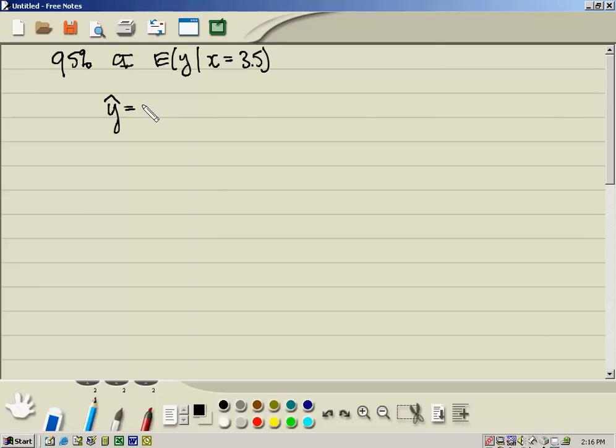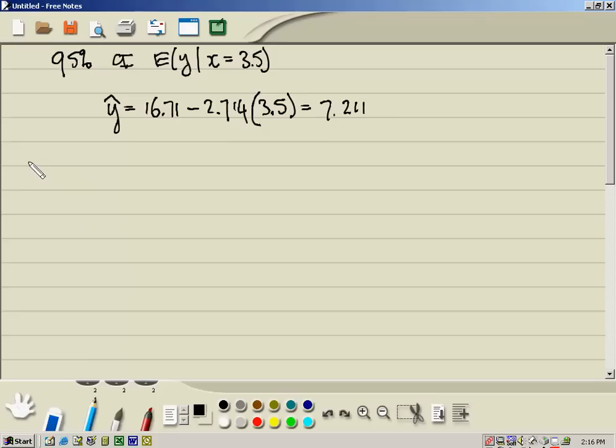So we write down our regression. Y hat is equal to beta hat 0, 16.71 was given to us, plus beta hat 1, which was a negative 2.714, times the X, and our given X was 3.5, and the result there is 7.211 for the point estimate.